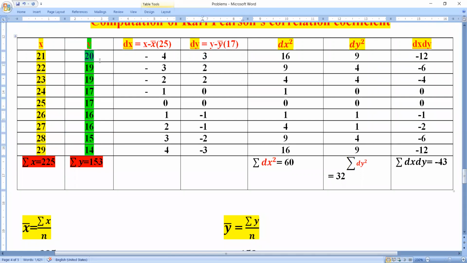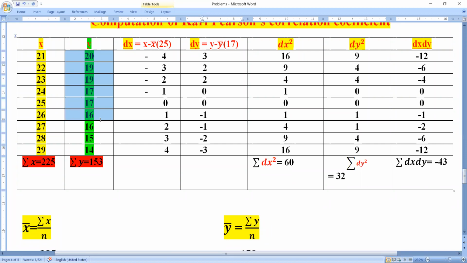And 19 minus 17 gives 2. Then 17 minus 17 gives 0, and the next 17 minus 17 also gives 0.